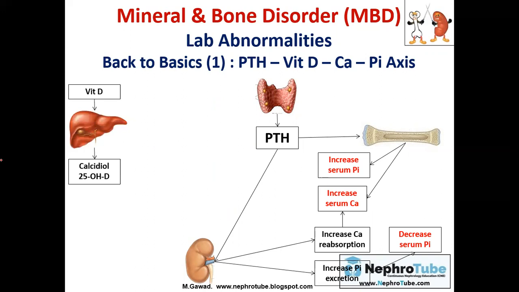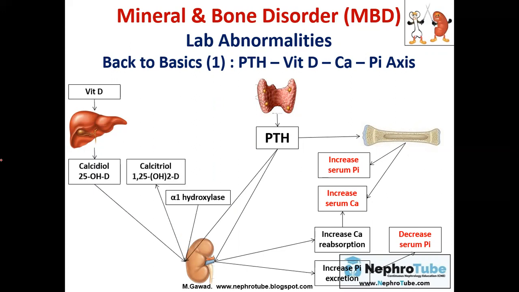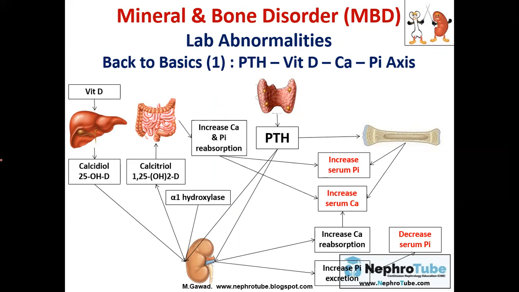What about vitamin D? In short, inactive forms of vitamin D will be converted by the liver to 25-OH vitamin D, and then, under the action of alpha-1 hydroxylase in the kidney, which is stimulated by the PTH, the inactive form of vitamin D, calcidiol, will be converted into calcitriol, which is 1,25 vitamin D. It is the active form of vitamin D, which will act on the gastrointestinal system to increase both calcium and phosphate reabsorption.